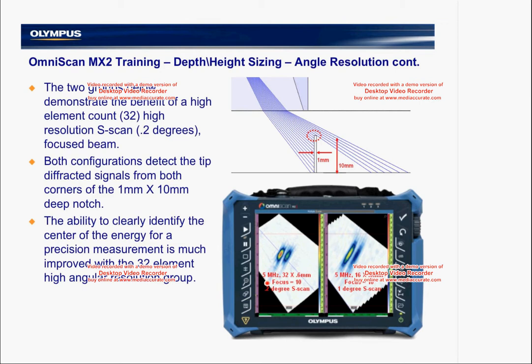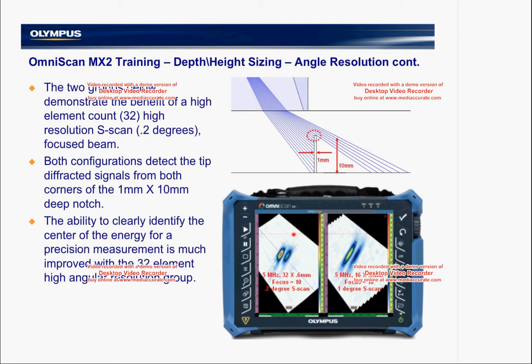When we use a 5 megahertz probe and 32 elements in our aperture, we focus directly at the top of the tip, and we put many, many A scans inside the sector scan by using a 0.2 degree S scan. We can see how much clearer and sharper the indication appears.